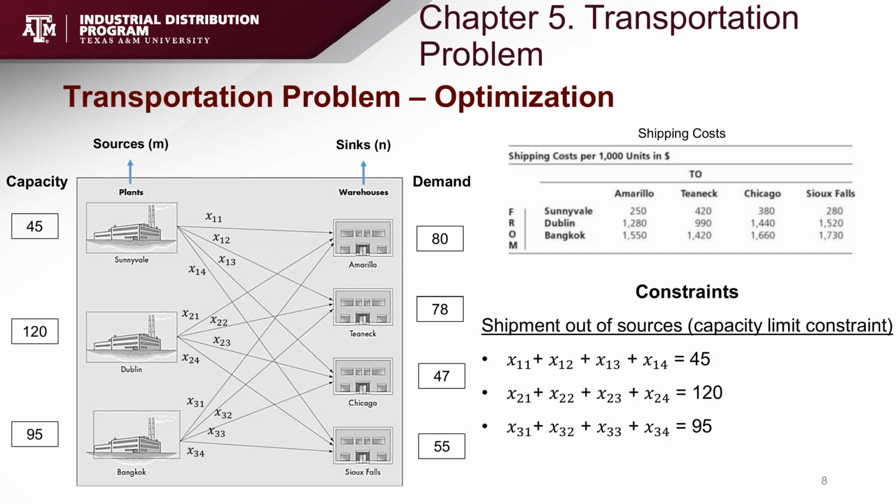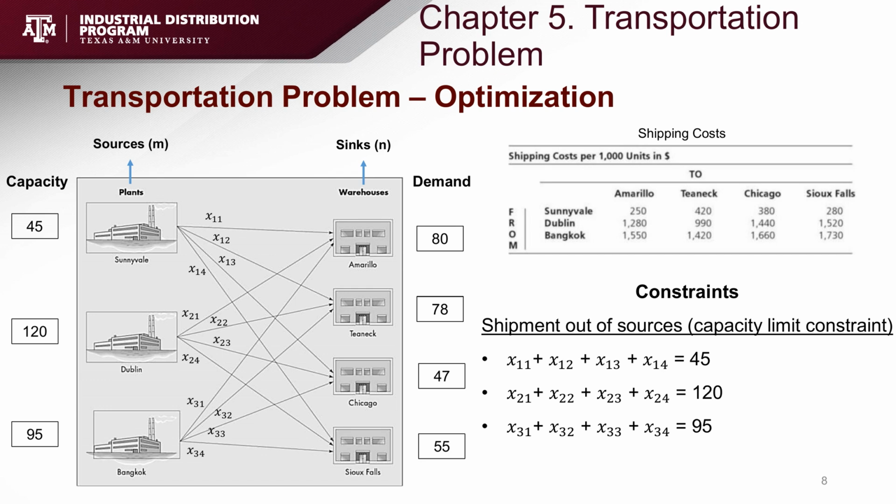All right, first family, what flows out of each plant? Take Sunnyvale. Basically everything it ships, x sub 11 plus x sub 12 plus x sub 13 plus x sub 14 adds up to 45. Its full capacity. Same idea for Dublin. Its 4 flows sum to 120 and Bangkok's 4 sum to 95.